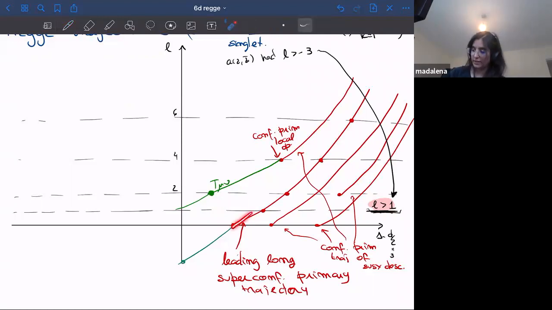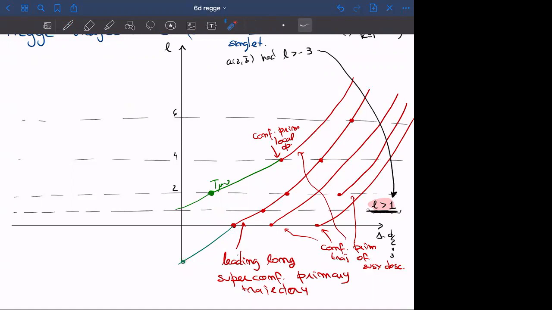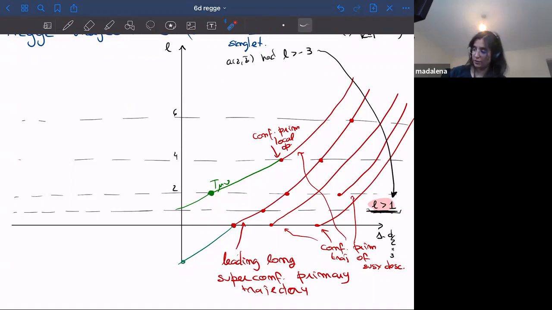Yeah, so if you were studying this long trajectory at spin -2, you should find that it actually is, yes, the stress tensor.